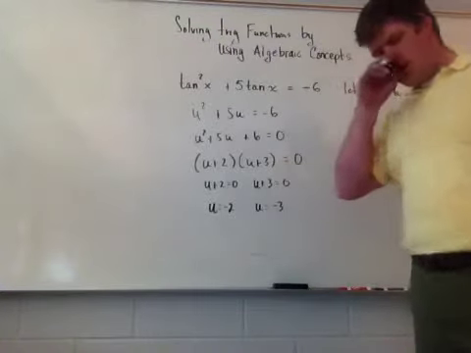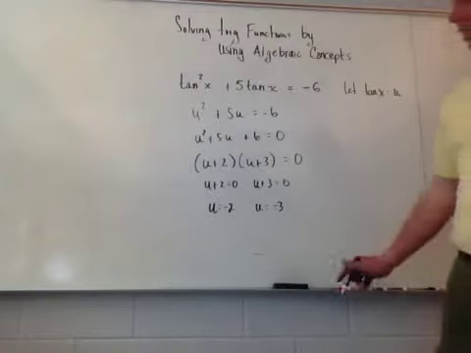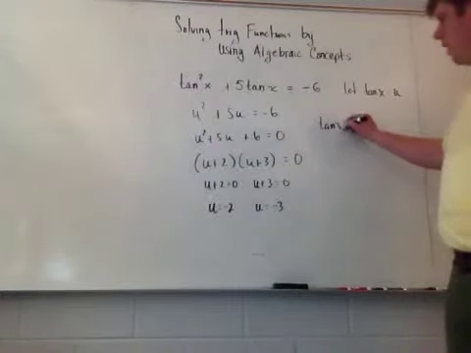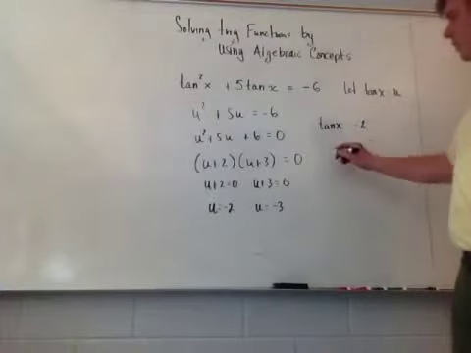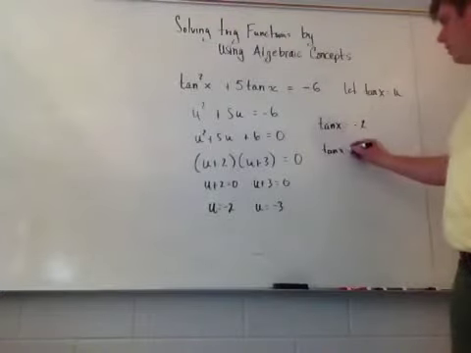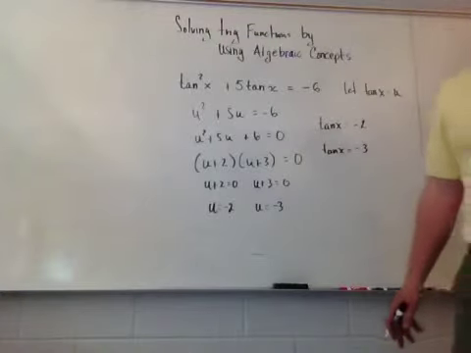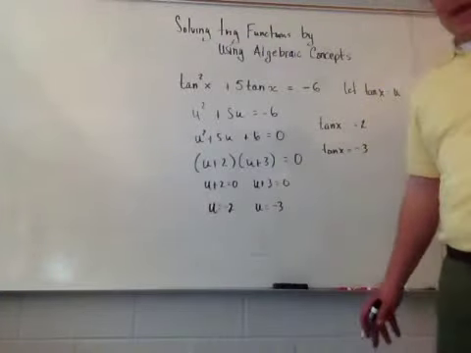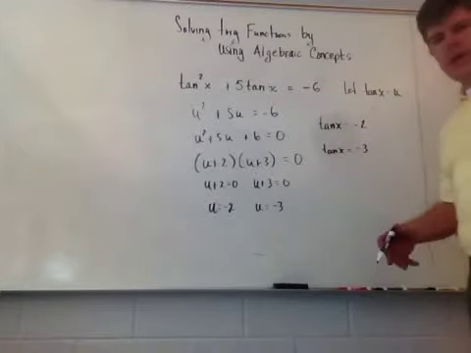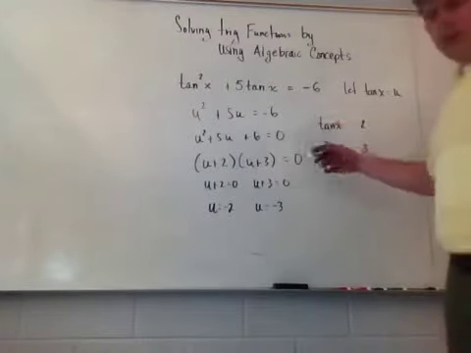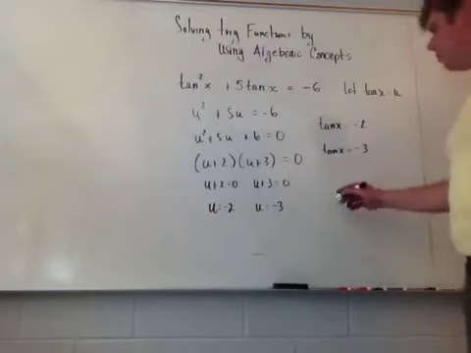And what I'm going to do now is substitute back in. Tangent of x must be equal to negative 2, and tangent of x must also be equal to negative 3. So how am I going to find out what x is? This is basically using the arc tangent, so I would take the arc tangent of both sides.